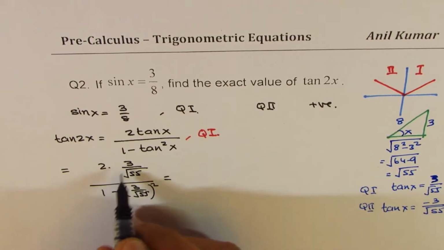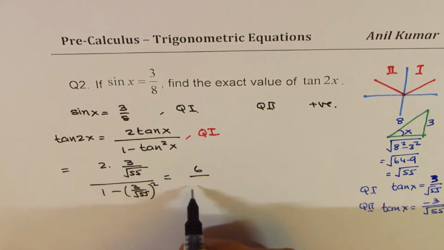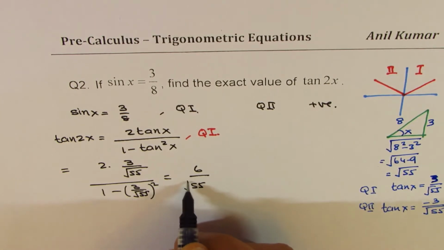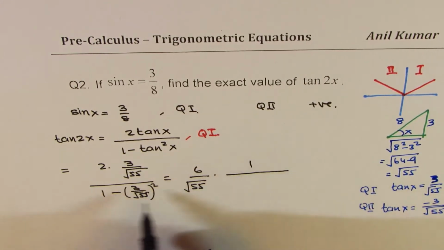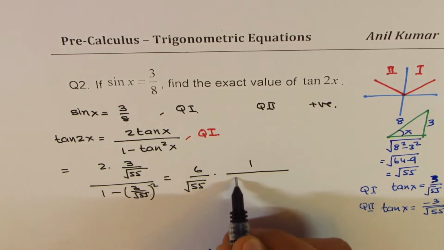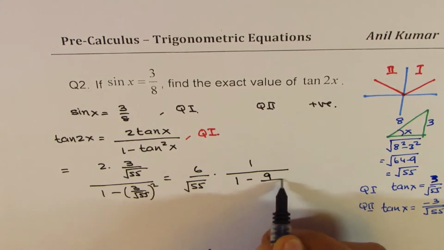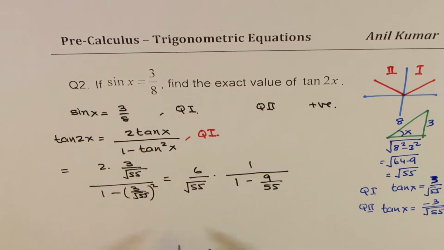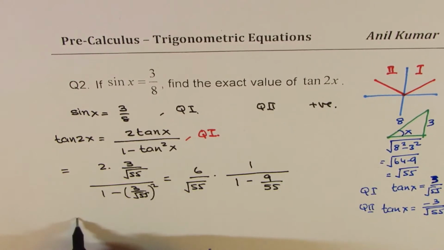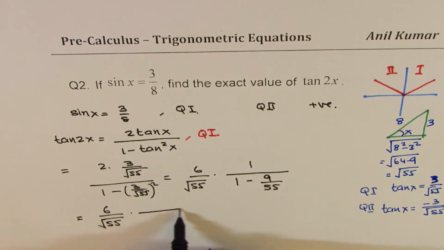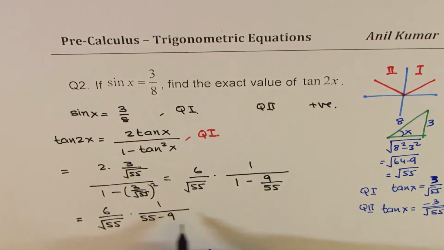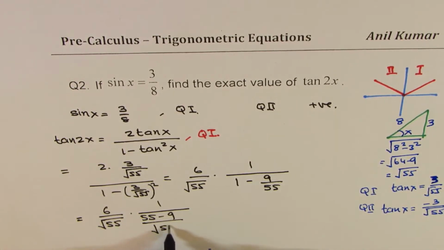That is, we could write this as 6 over square root of 55 times 1 over 1 minus 9 over 55. Correct? So let's take this common denominator. So we get 6 over square root 55 times 1 over 55 minus 9 over 55. Correct?